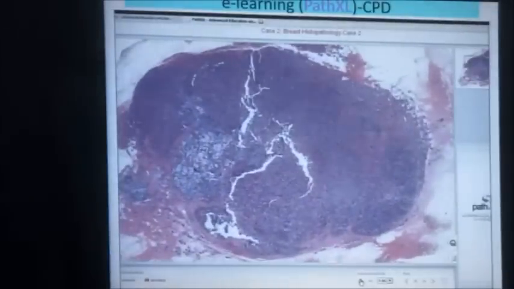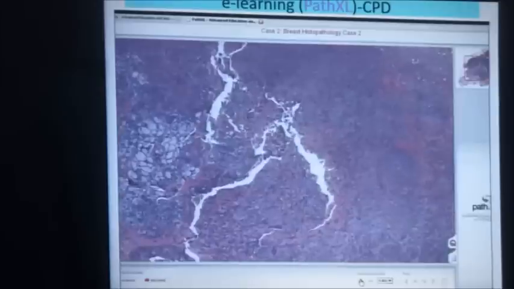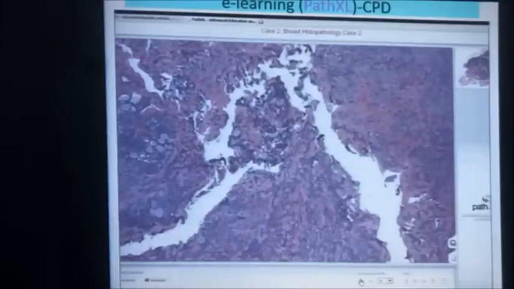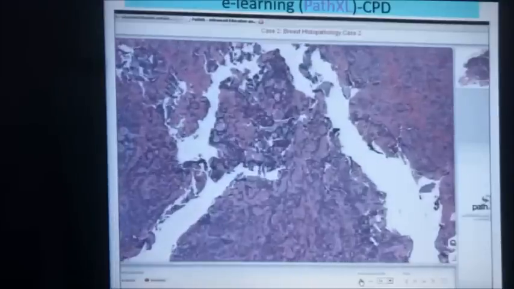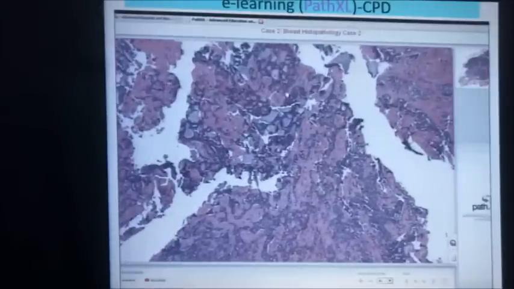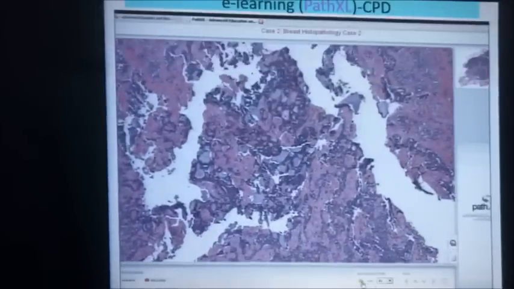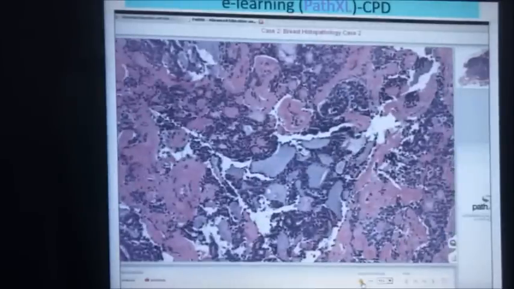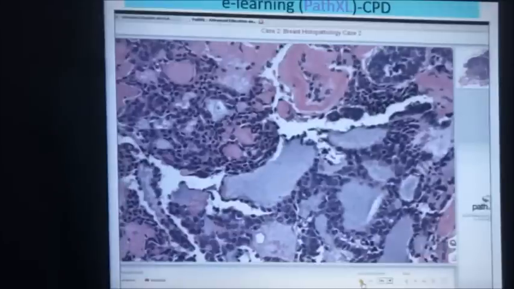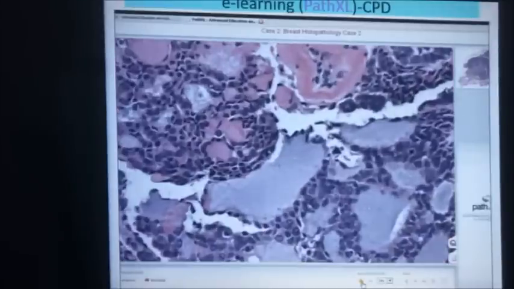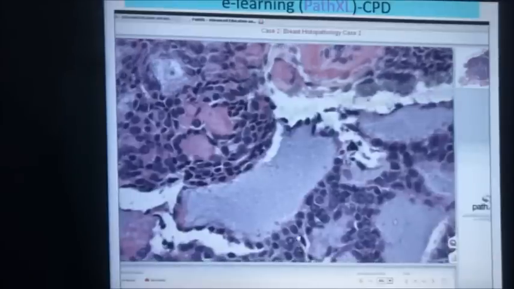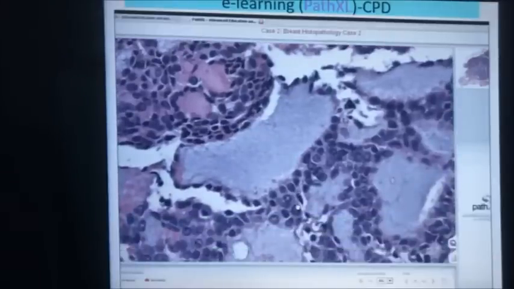You can magnify, you can zoom in and zoom out, and you can even go very close to see even the nuclear features, like in this big tumor here, which is well circumscribed, and you can go through all of these, and you will see the diagnosis, you see how the actual report looks, what the features of this tumor are, and this will stay like that. You can see it at any time, and you can move in the slides, as you can see here.